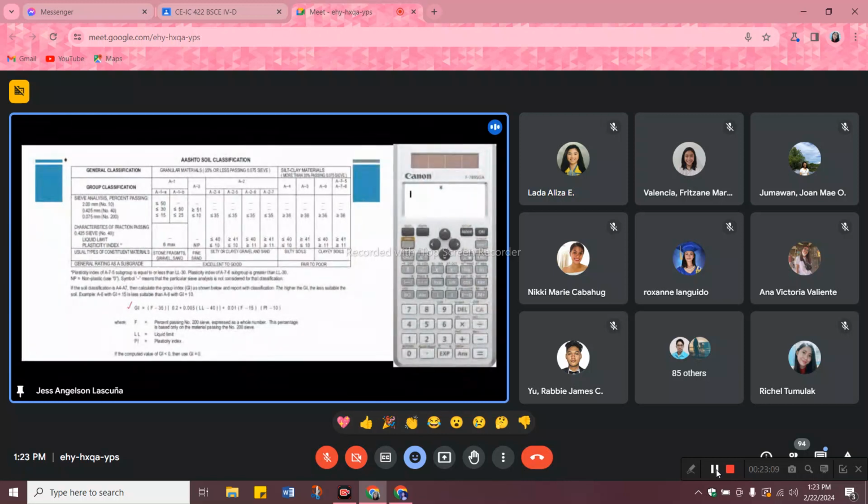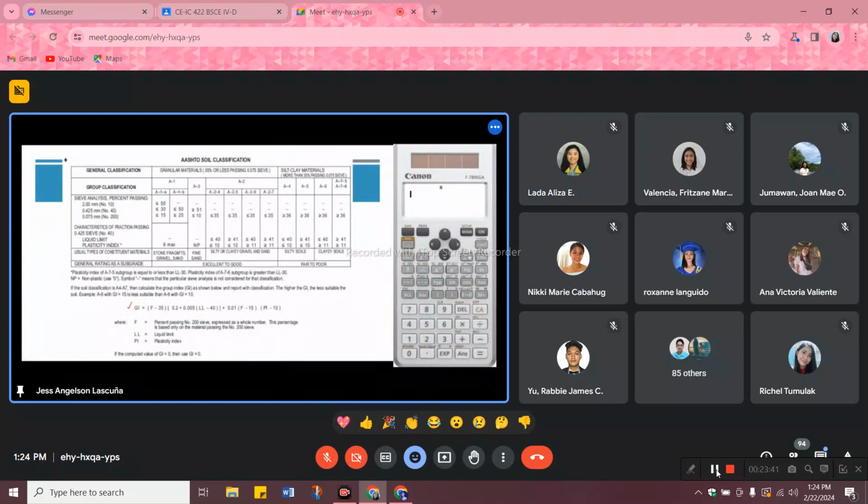And manatry nito is upgrade kay mas lig-on ra pa ang mga gravel, sand, as foundation. Mao man ang nasa bottom part sa imong layer sa imong road.